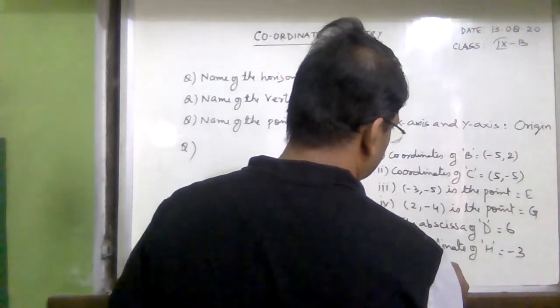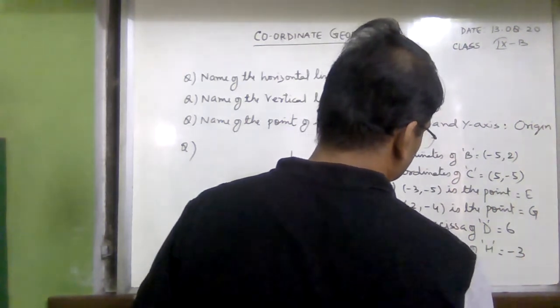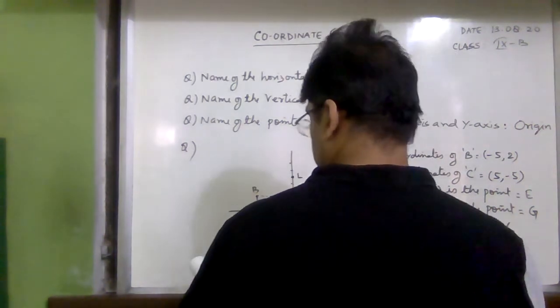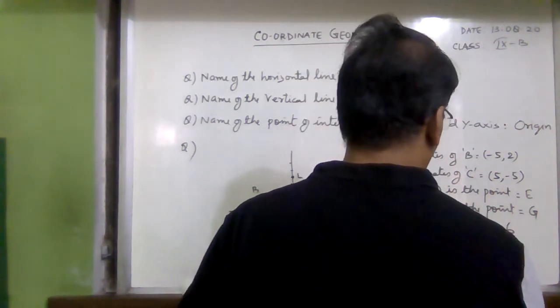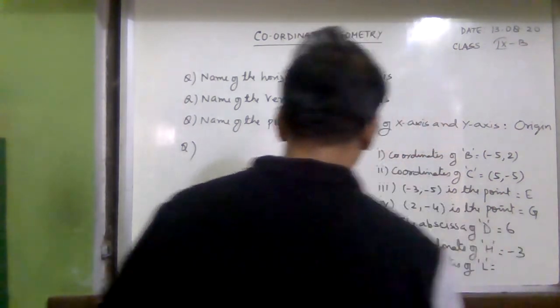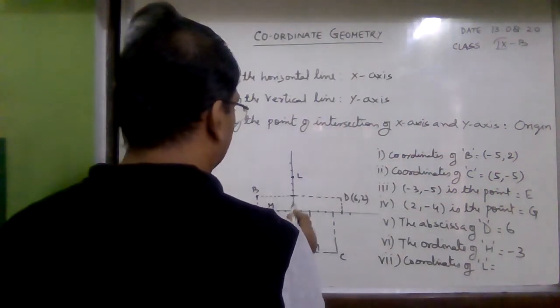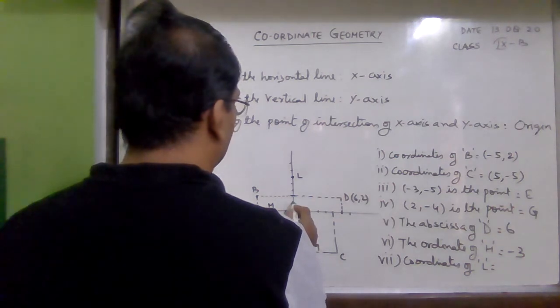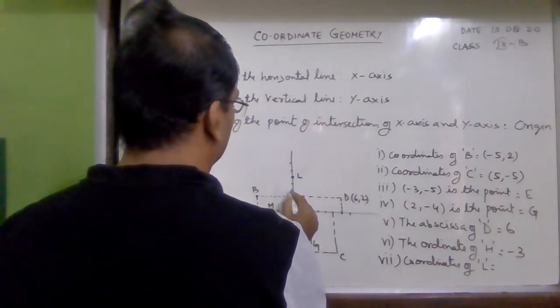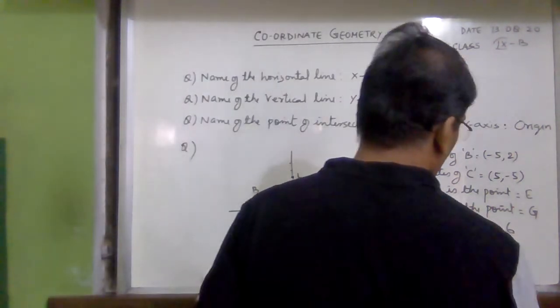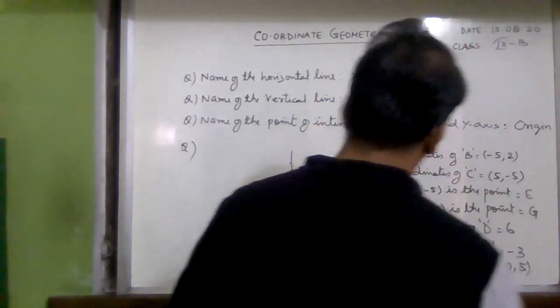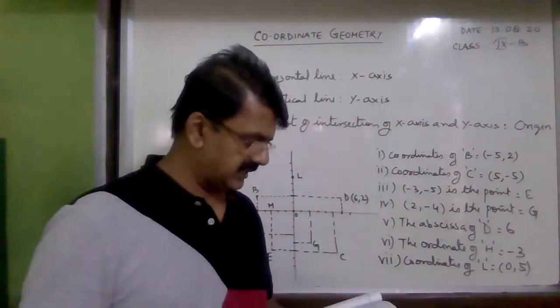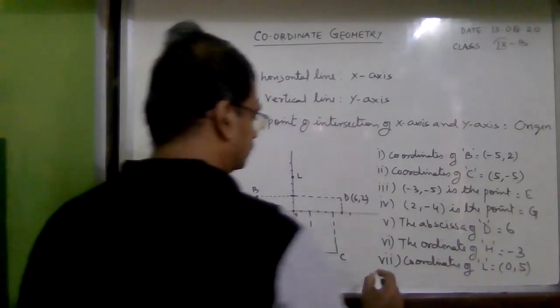Then coordinates of point L. L is here. It is 0, 5. 1, 2, 3, 4, 5. So it is 0, 5. As the point lies on y-axis, so its x coordinate will be 0.